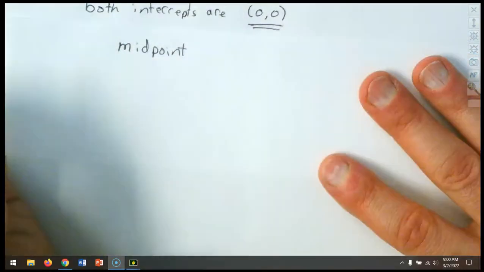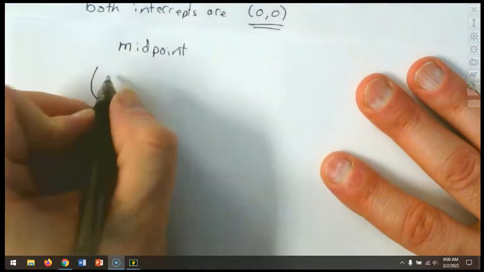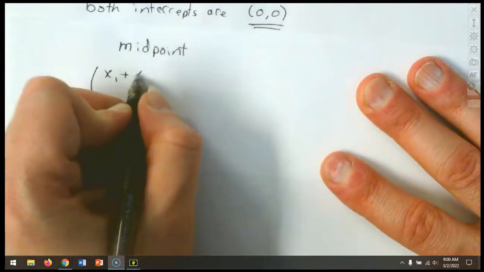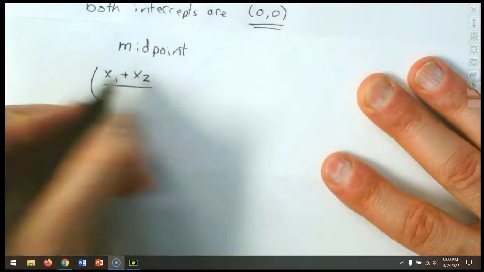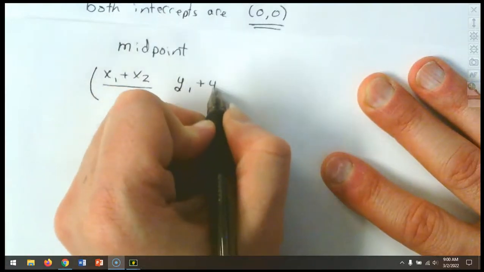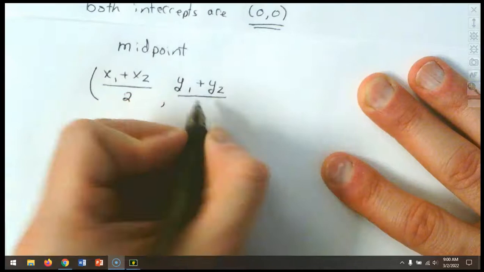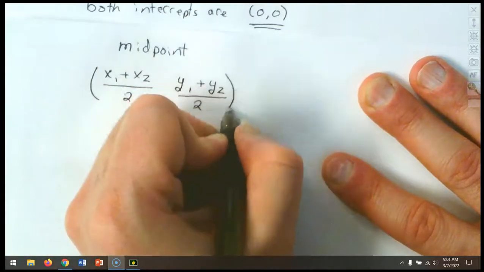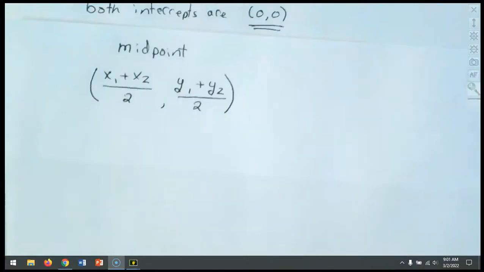And the midpoint is given by x1 plus x2 over 2 and y1 plus y2 over 2. So that's going to be our midpoint formula.